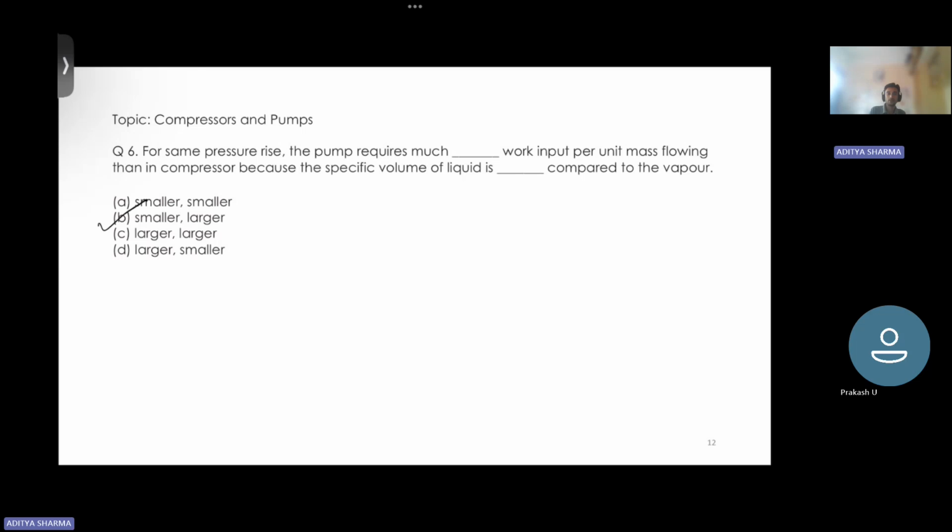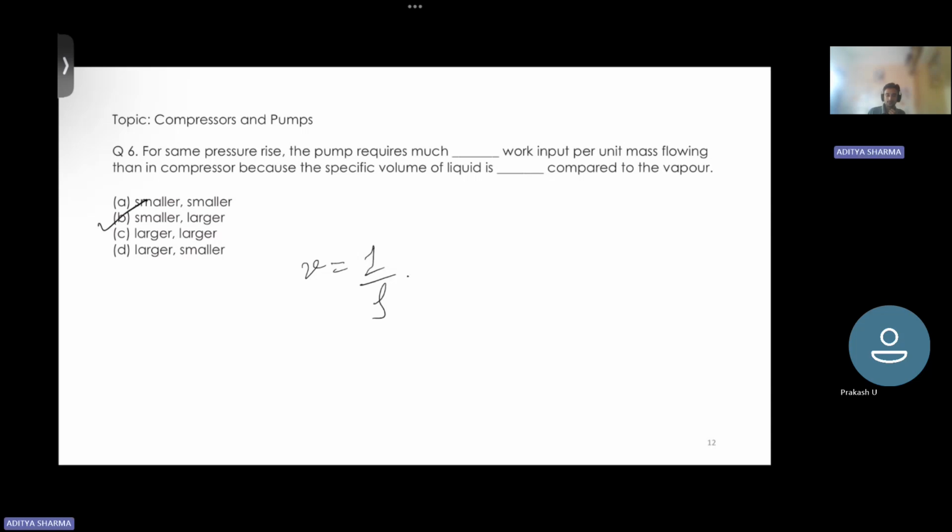And the reason for that is specific volume. And what is specific volume? Specific volume is basically the inverse of density. Am I right? Specific volume is basically 1 by rho, right?